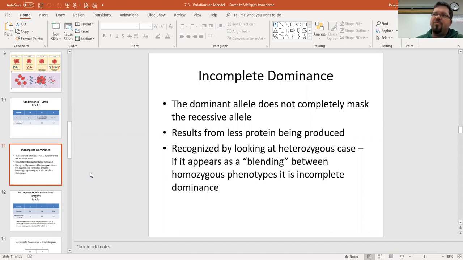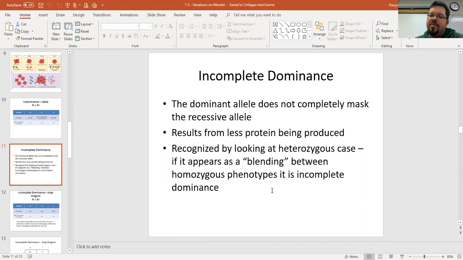Remember, the genes that organisms possess code for protein production. Ultimately, in the case of the heterozygote individual, what form of the trait are they going to exhibit? They're going to exhibit what appears as a blending between the two homozygous phenotypes.